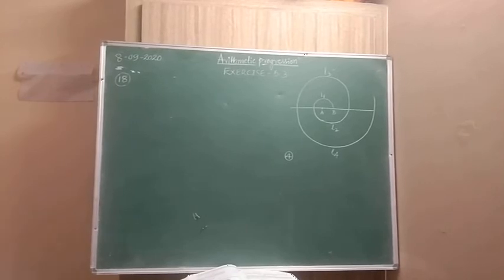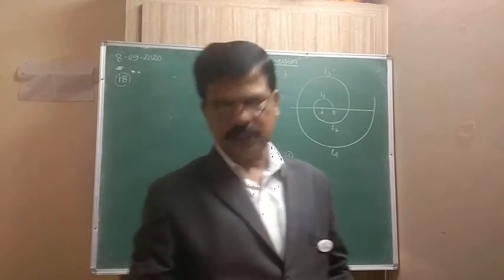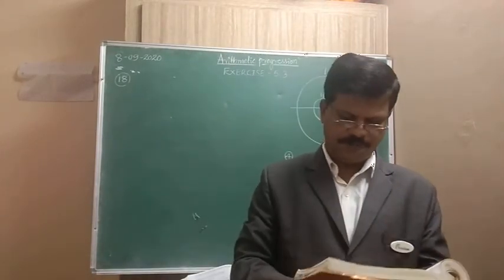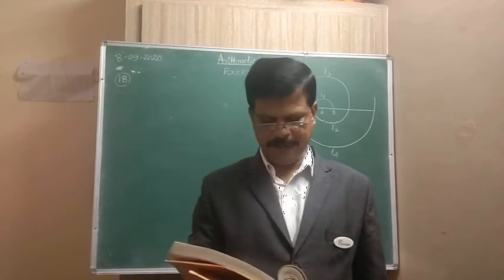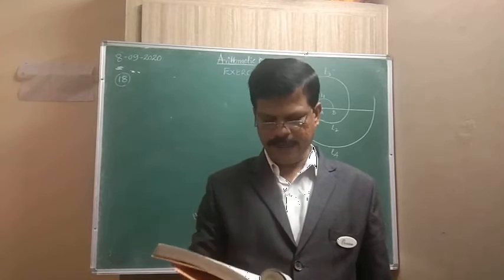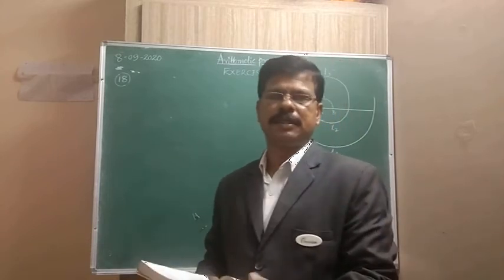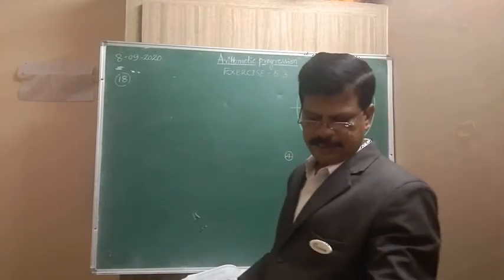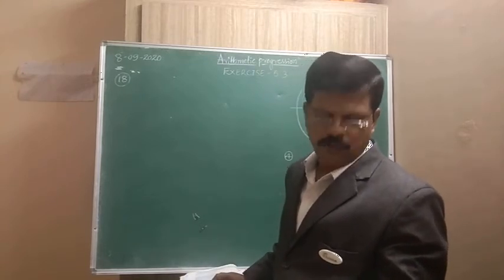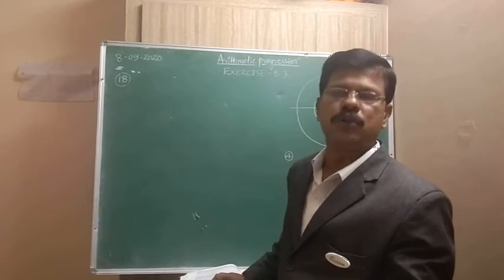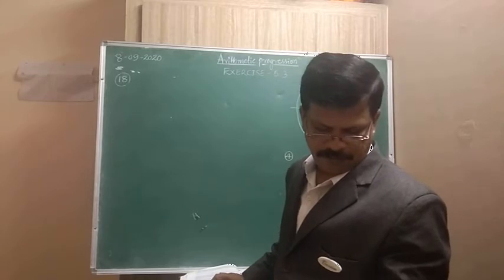Now look at the 18th question. A spiral is made up of successive semicircles with centers alternately at A and B, starting with center A, of radii 0.5 centimeter, 1.0 centimeter, 1.5 centimeter, 2 centimeter, etc., as shown in figure 5.4.